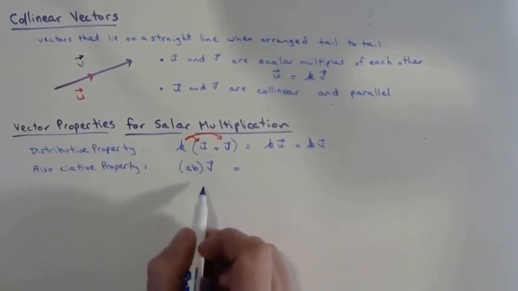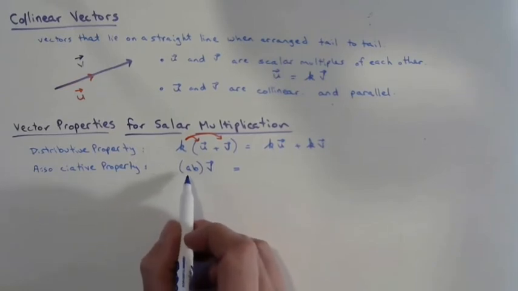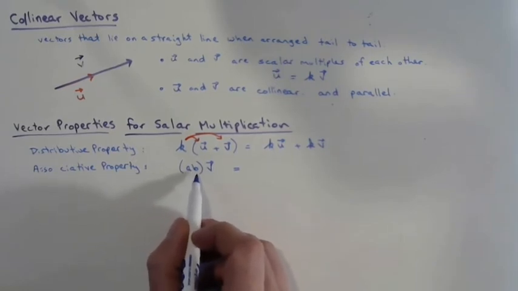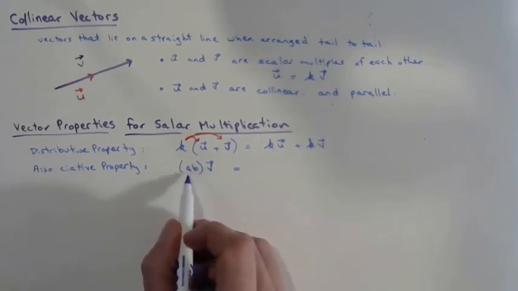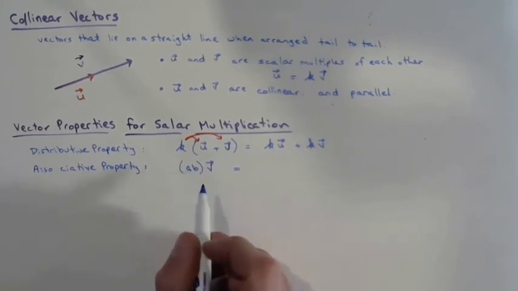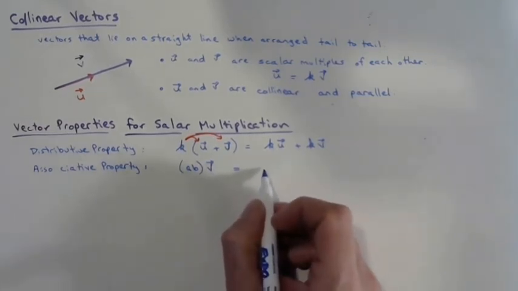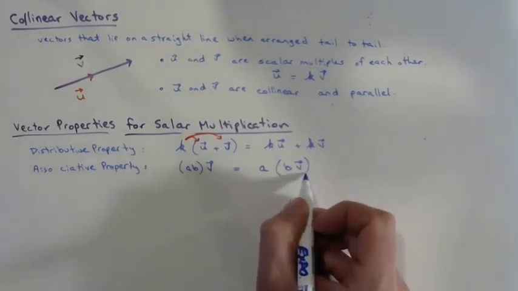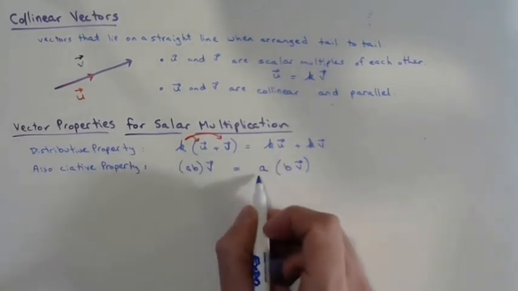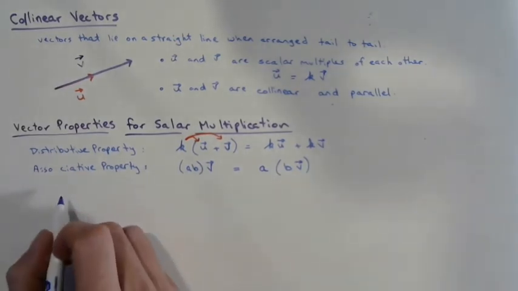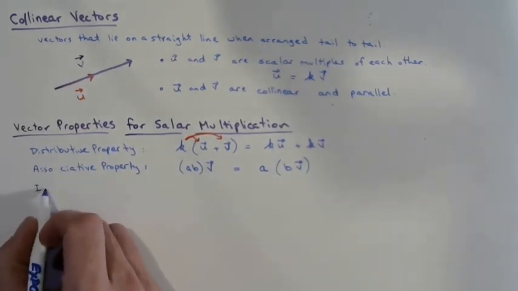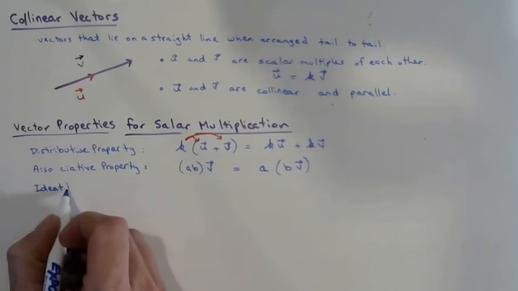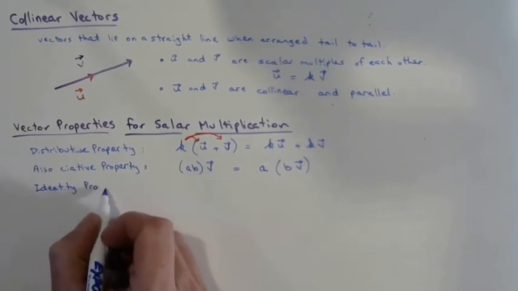Well, if it's more convenient, you can rearrange this, right? It's multiplication all around here. So if it's more convenient, you can actually multiply vector v by the scalar b first, then multiply by the scalar a.